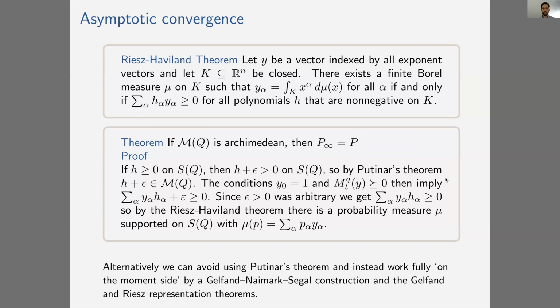But actually, if you really want to, you can give a proof completely on the moment side. This use of Putinar here is really not critical. Instead of using Putinar's theorem, you can use the GNS construction and then the Gelfand and Riesz representation theorems and give a direct proof that such a measure exists.